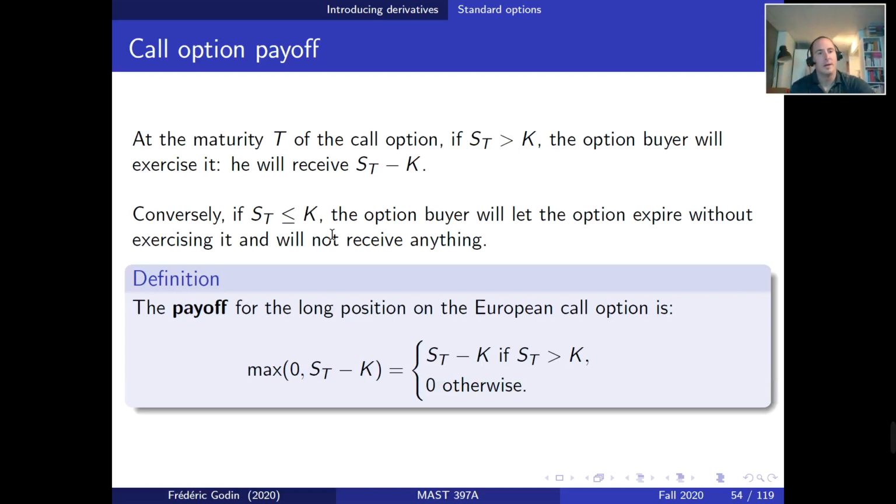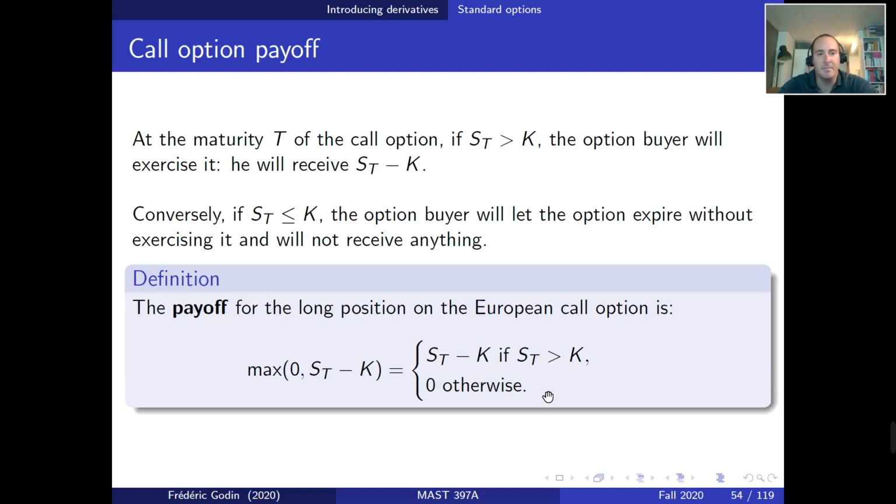Okay, so these facts entail that the payoff of a long position on the European call option is the following. If you're the option buyer of a European call option, your payoff is the maximum between 0 and S capital T minus K. So this is equal to ST minus K if ST is greater than K, or 0 otherwise.